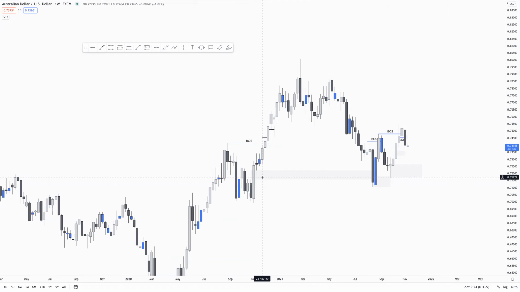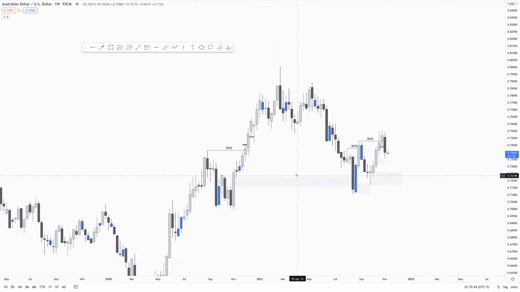When we get these really large candles that have wicks on either side not being covered, meaning we have a wick here and a wick here, and they're not meeting, that's an inefficiency. There are more buyers here than there are sellers, and that means we need to come back to balance those orders out because, again, every buyer must have a seller.